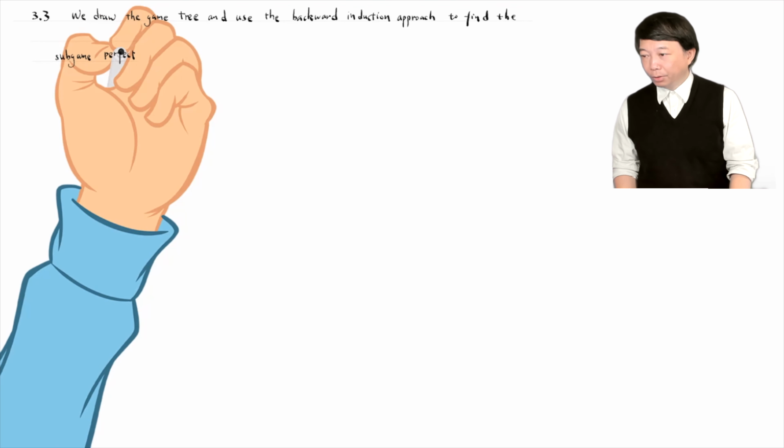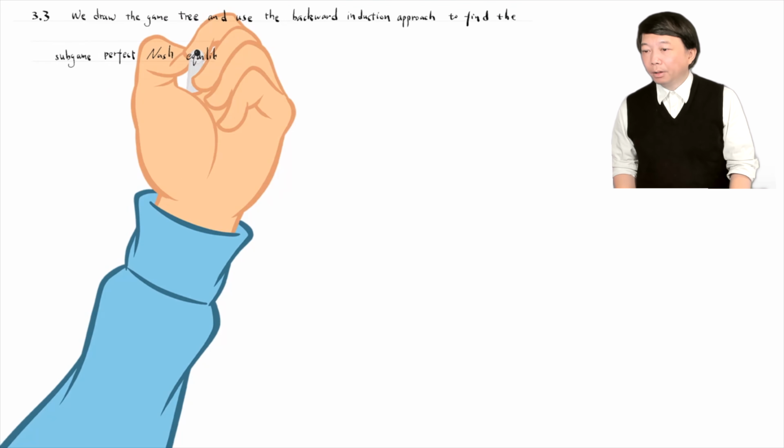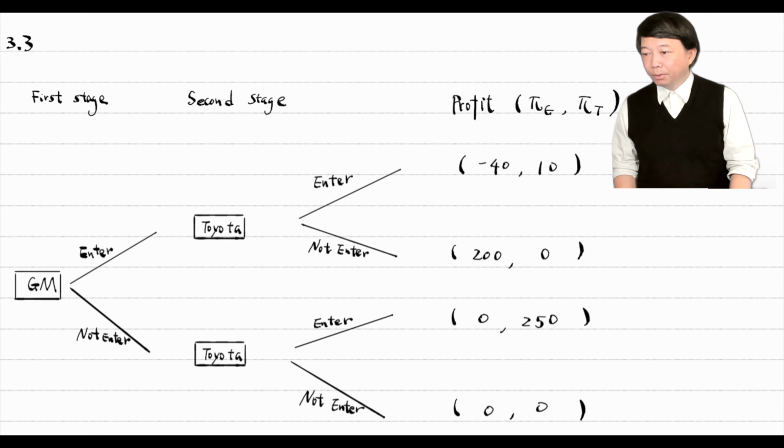There are two stages in the game. We first consider Toyota's strategy in the second stage. Given that GM enters the market, Toyota gets 10 if it also enters the market, but 0 if not. Toyota's best response is to enter the market. We underline its profit 10 and add an arrow on the path.